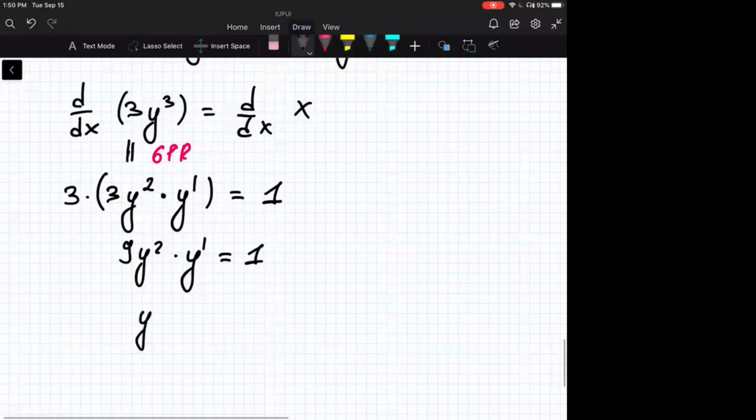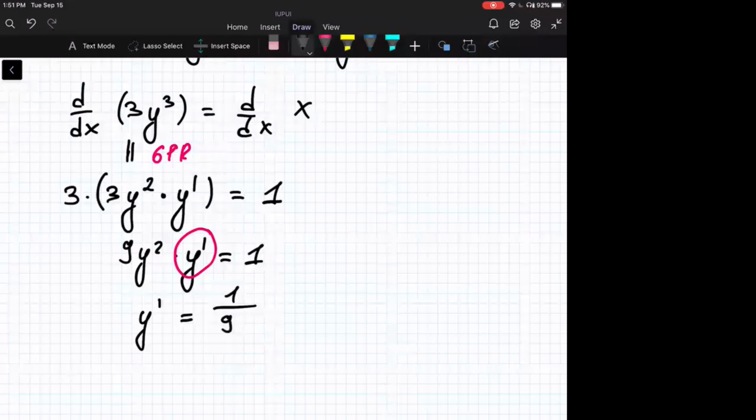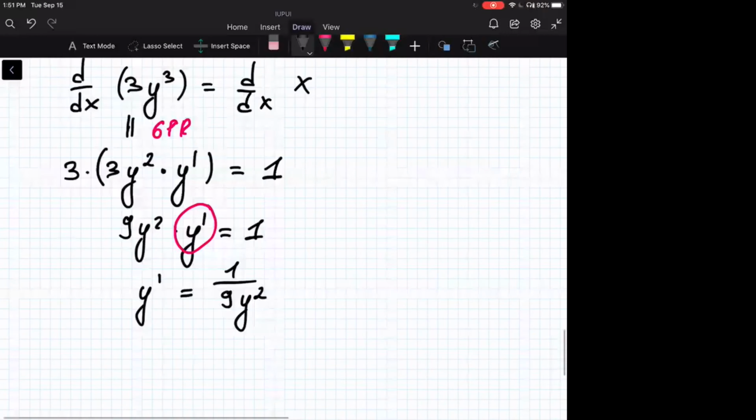And so, oh sorry, not y squared, because I want to express the derivative. So y prime will be thus 1 over 9y squared. Okay. And that's it.